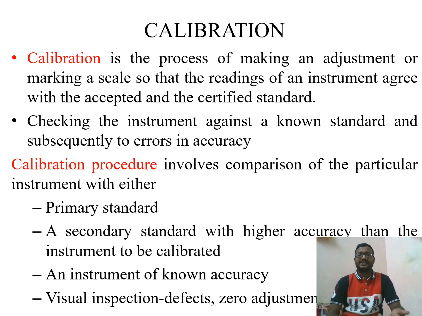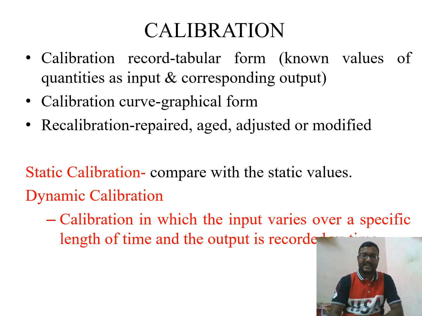That is called static calibration. And coming to dynamic calibration, it is defined as where the calibration varies with differential equations or time constant. That is dynamic calibration. So, static calibration and dynamic calibration.